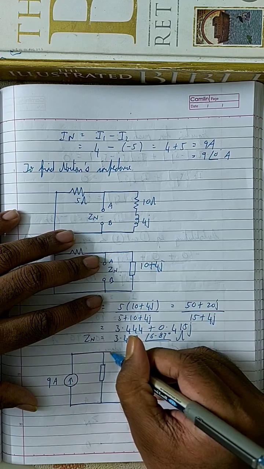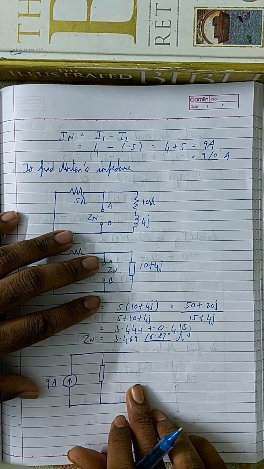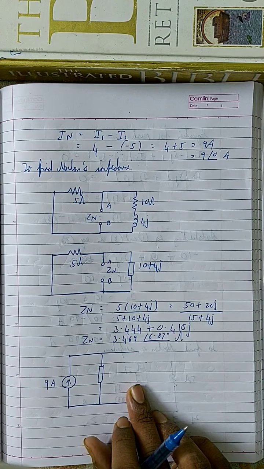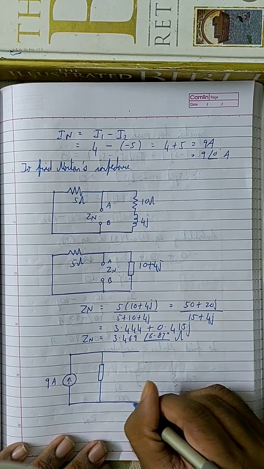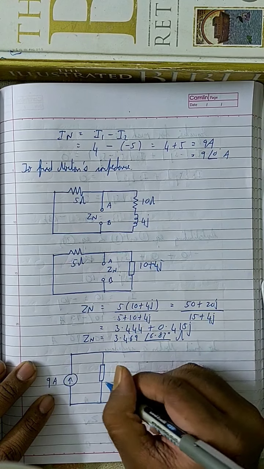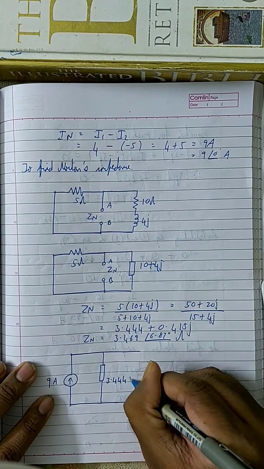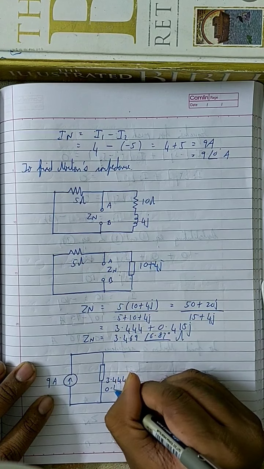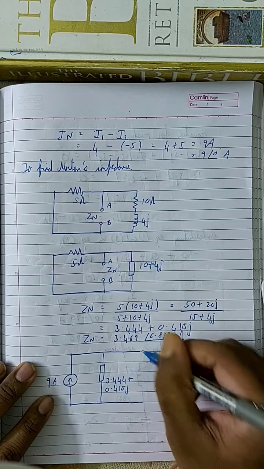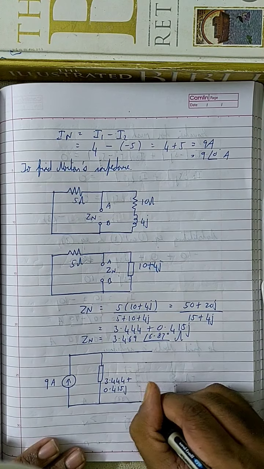You see, I need to find the current through the 8 ohm resistor. That is my question, right? So just for calculation purpose, I will use the imaginary part over here. So this is 3.444 plus 0.415j. Okay, and now this is your Norton's equivalent.